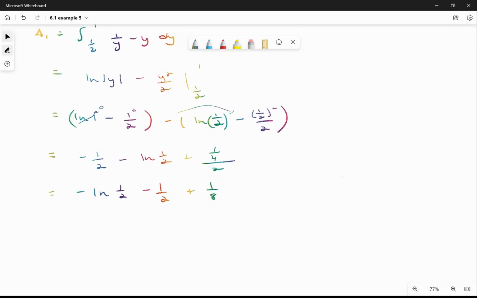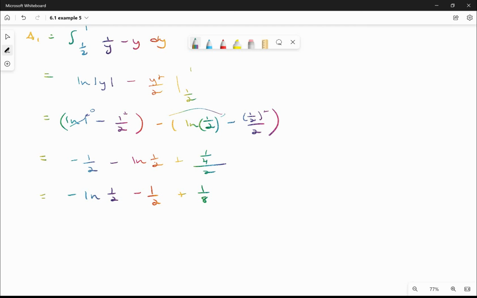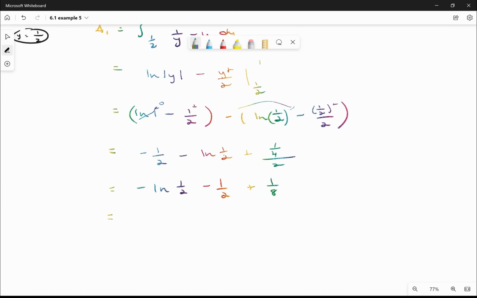We're going to clean this up a little. This negative ln of 1/2 is negative 1 times ln of 1/2. Remember our general log laws: if we have ln of something to a power, that's the same as the constant being brought down as a constant multiple.